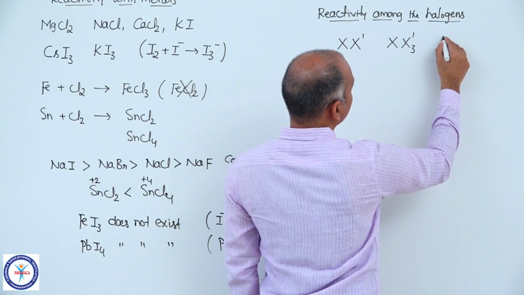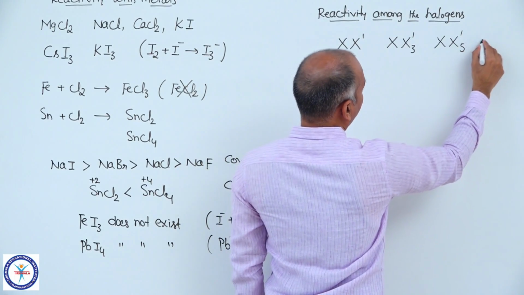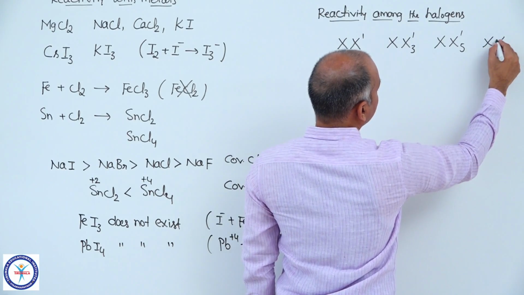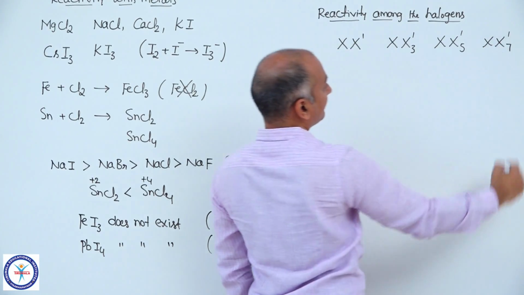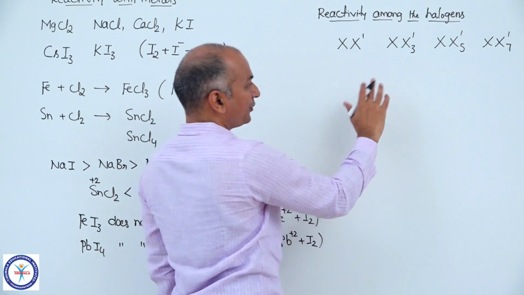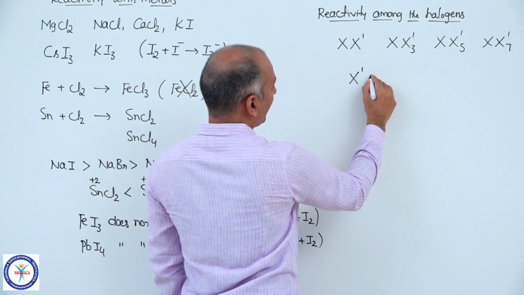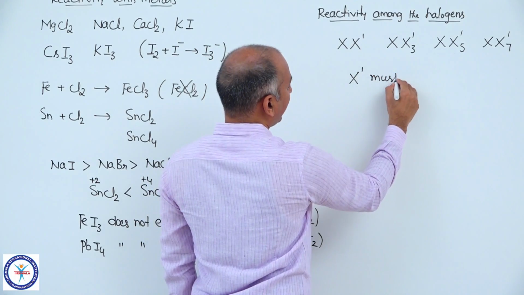And another type is XX'5 and XX'7. And here, in X and X', X' must be smaller than X.